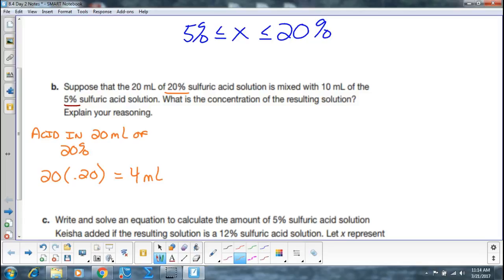Do the same thing with the other one. So how much acid is in the 10 milliliters of 5%? Oops, I almost put 10% there.